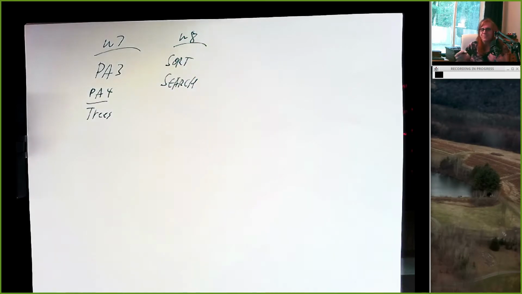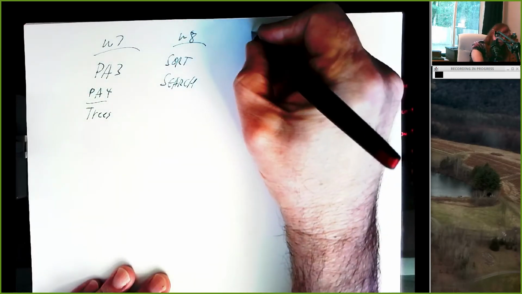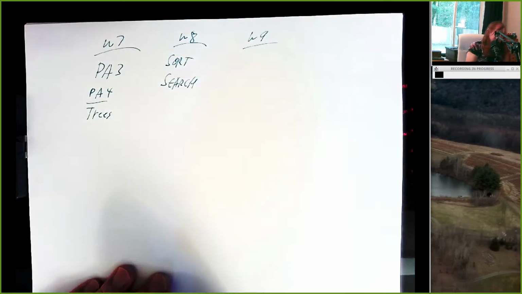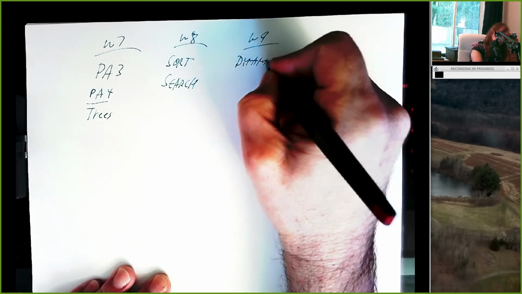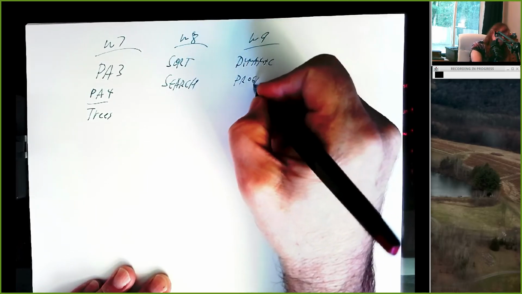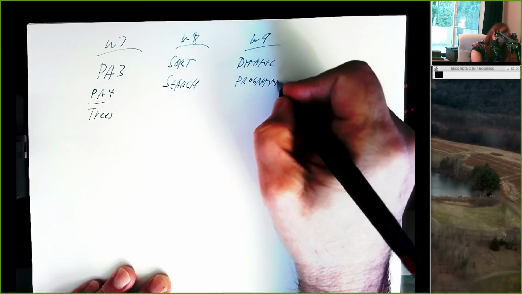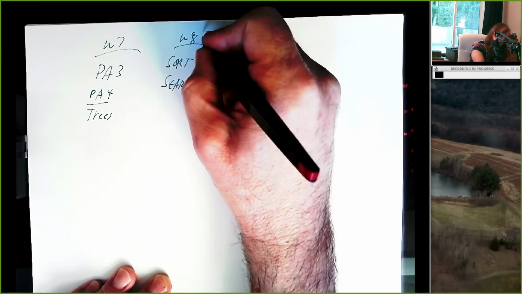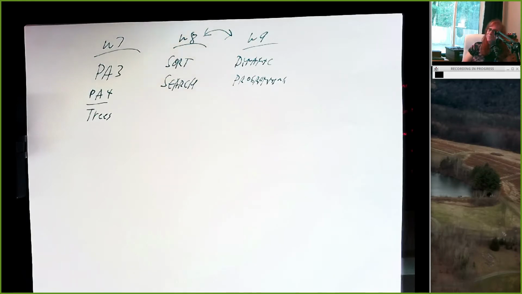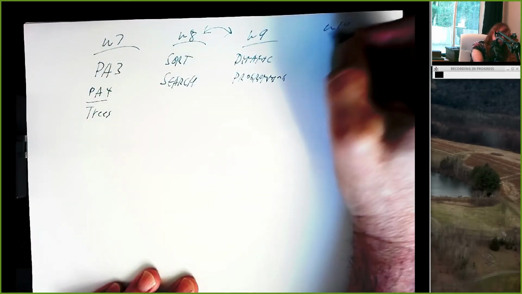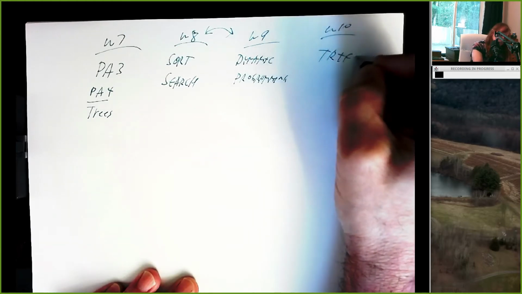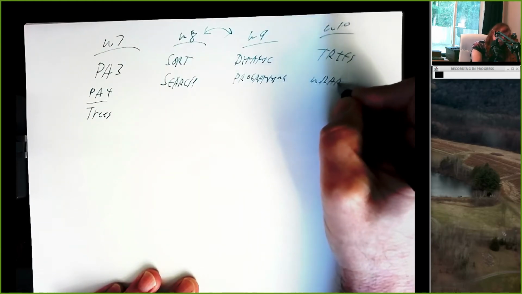But I want to start talking about sorting and searching, and we'll go through several types of sort algorithms. I may change the order of these. Then I want to talk about dynamic programming. I may switch these actually, because I think your last assignment will be on dynamic programming, and I want to talk about tries and do some wrap up.